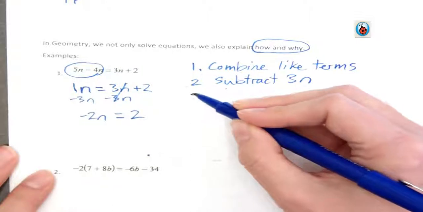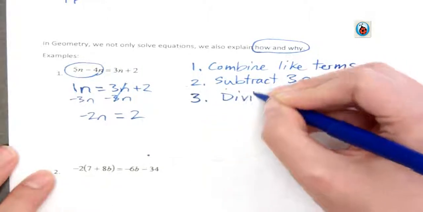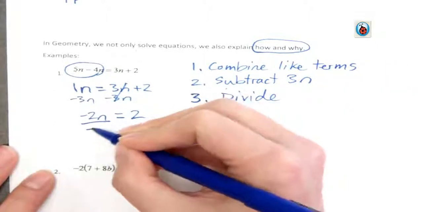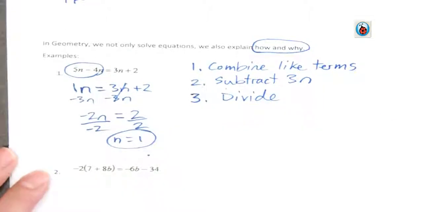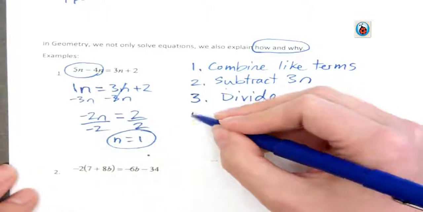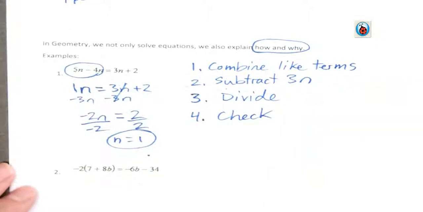So what's my last step? It's a nice simple, just divide. Anytime they're joined together, I divide. So n equals 1. And then the last step is always check, especially if you're on like a quiz or a test. Plug it back in there and see does it work.